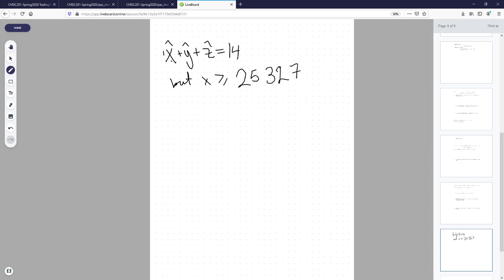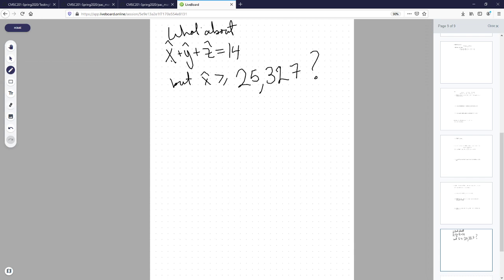Theoretically you could ask, why didn't I do x the same way I did y and z? I only made y hats and z hats. I didn't make any x double hats.